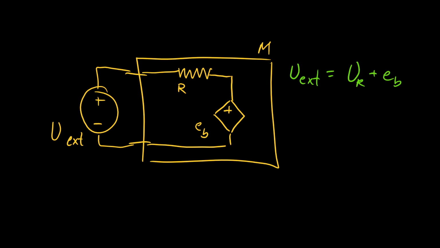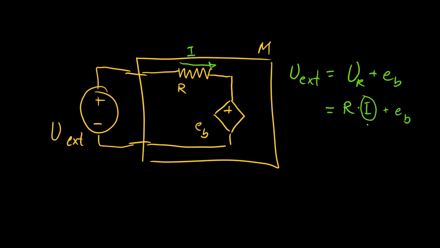The voltage over the resistor we can find through Ohm's law, so R times I plus EB. And the I that we are seeing is the I that's flowing in this direction, so I'll just put I here.